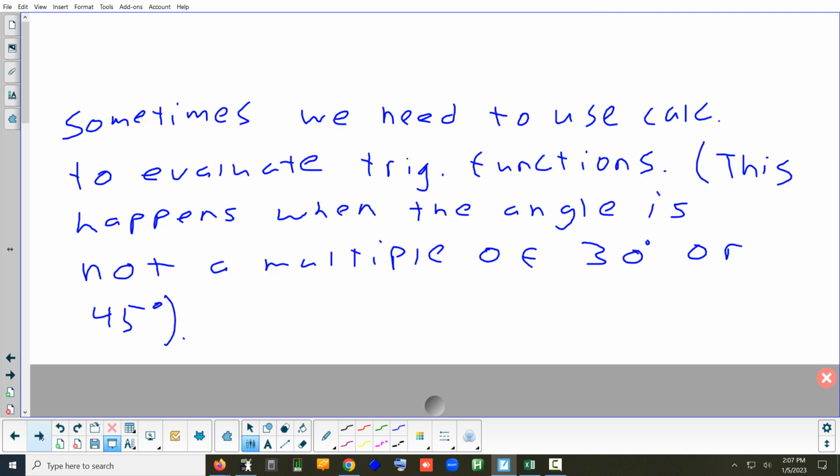So what we're going to do instead, we're going to use the calculator. When we use the calculator to evaluate, we're going to get a decimal. Decimal is perfectly fine here.